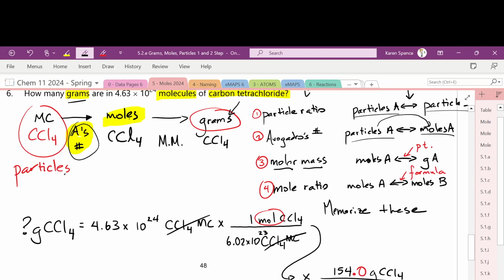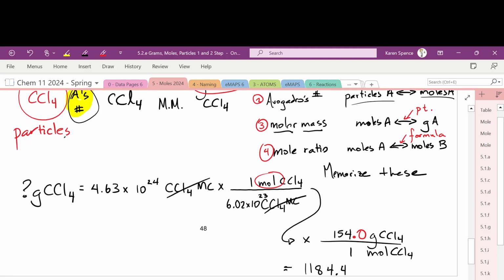We get 4.63 times 10 to the 24 divided by 6.02 times 10 to the 23 times 154 equals 1184.4. Except we probably don't want that many digits, do we?